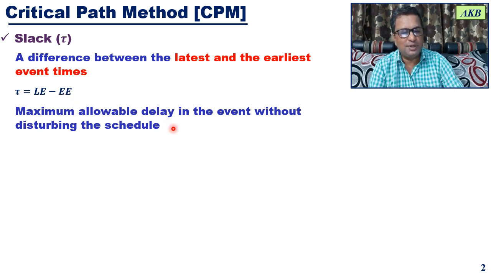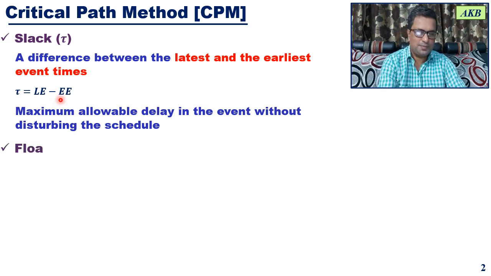Maximum allowable delay in the event without disturbing the schedule is nothing but slack. And how to calculate it? You can calculate it by using this equation: tau is equal to LE minus EE, that is latest event time minus earliest event time.